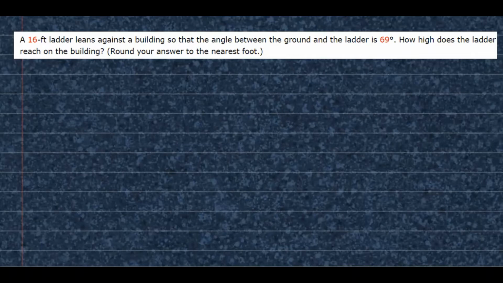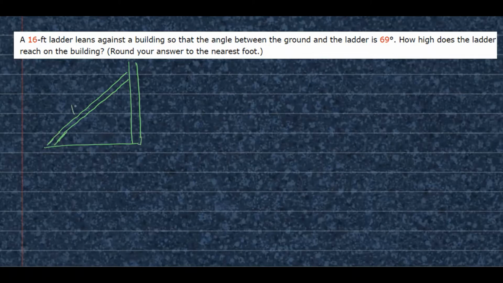We have a 16 feet ladder that leans against the building so that the angle between the ground and the ladder is 69 degrees. Suppose this is the ladder, leaning against a building, and this is the ground.